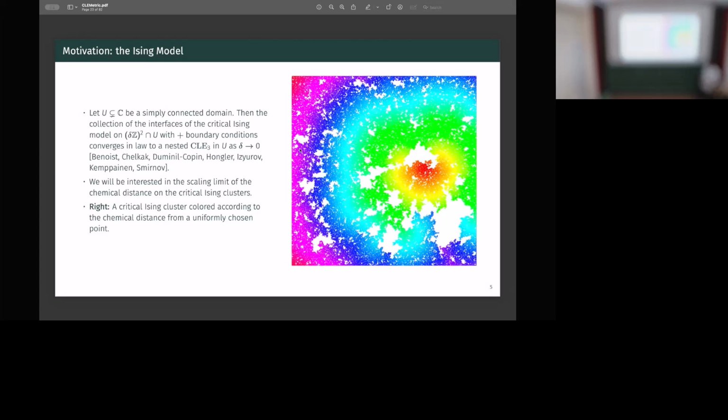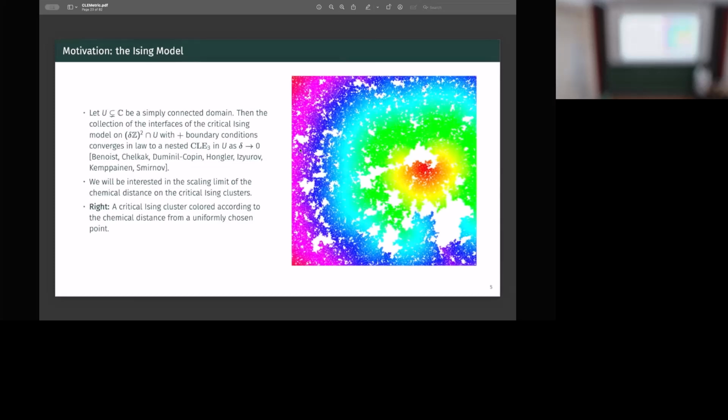Then I randomly choose a point which is roughly there, and I color all other points according to their distance to this point. You can see the metric ball is quite round. It's not completely round, but similar.